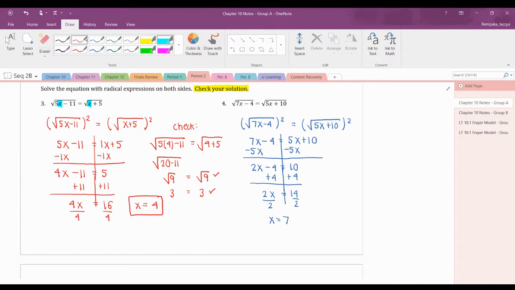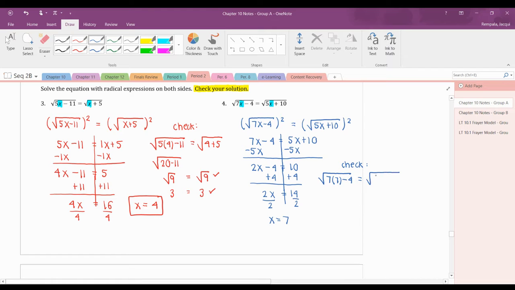Remember, we have to check our solution. So I'm going to see that I've got several x's. There are 2 different spots in this equation where I want to plug in 7 and see if the left side equals the right side. So under the square root on the left, I want 7 times 7 minus 4.